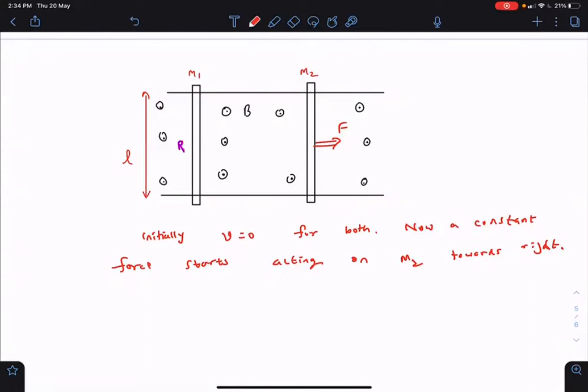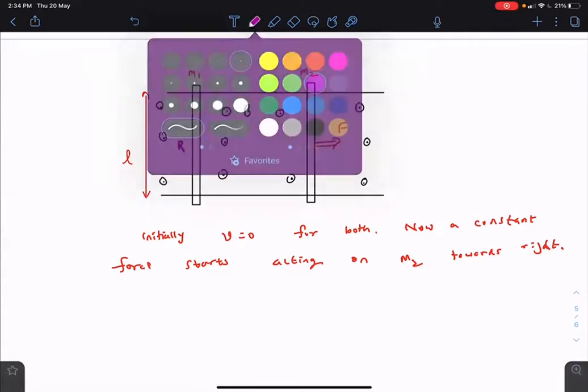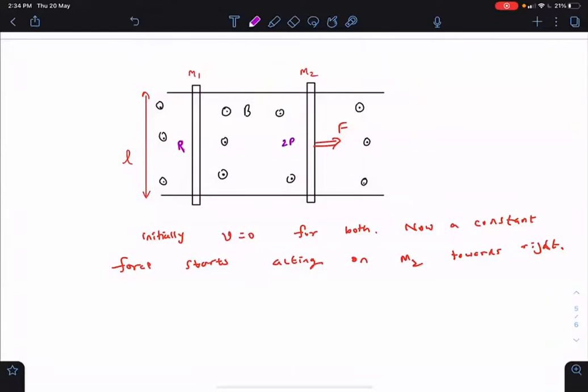Sir, finally, velocity cannot be same, because F will always keep doing work on M2, so that work will be given out as heat due to current. Sir, I did not consider that R. Oh, R means resistance is there. R, you can take it.